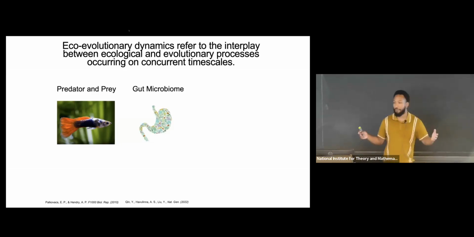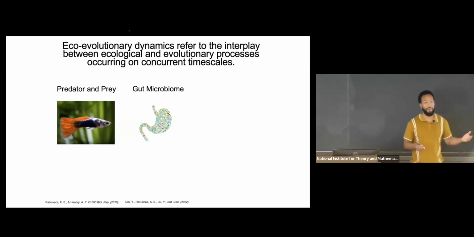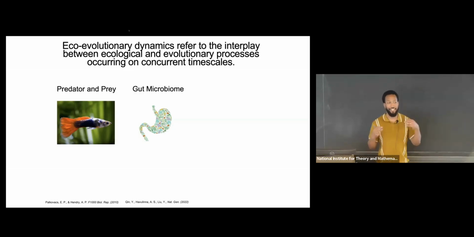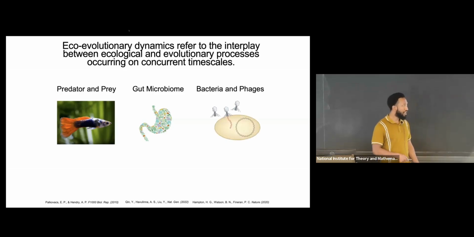Another big model could be our gut microbiome. Whatever we eat affects our gut microbiome, but that also feeds back on us and our health. A third example is bacteria and phages, where they've been co-evolving for billions of years, and it's been an evolutionary arms race to evade each other.